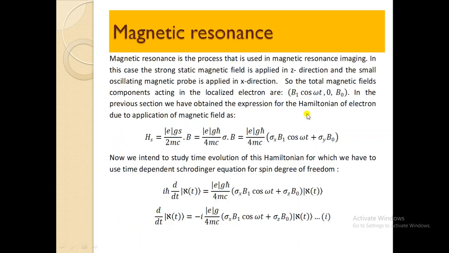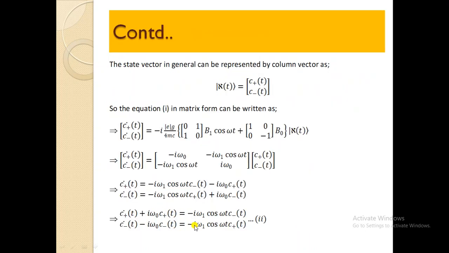What we will get: on this side there is the derivative of this xi t, so we have to take the derivative of both terms. So this would be c plus dot t and c minus dot t, equal to minus I from the previous section as it is, and e also from the previous section, g upon 4mc. In place of sigma x, we have put the value of the Pauli spin matrix along the x direction.